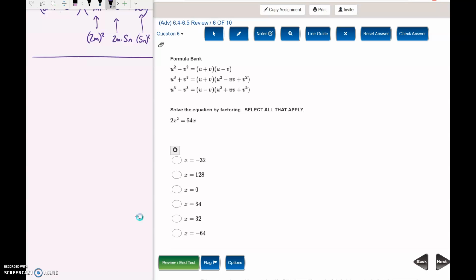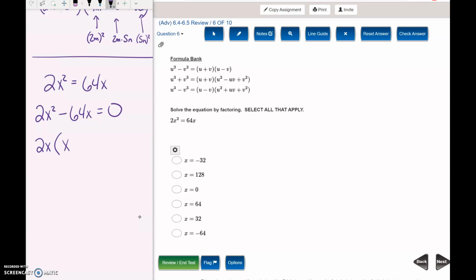Number 6, we start solving the equation. So we have 2x squared equals 64x. We need to get one side equal to 0, keeping our x squared term positive whenever possible. These two things have 2x in common. 2x squared divided by 2x is x.